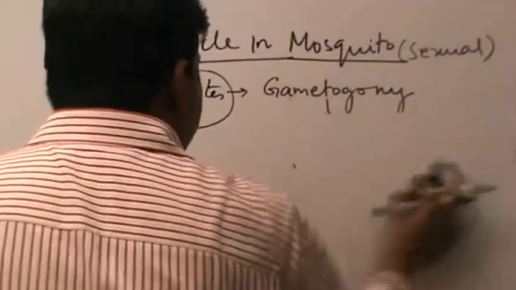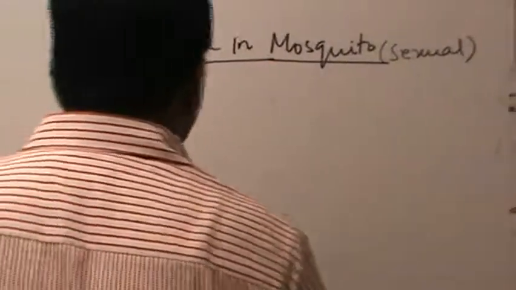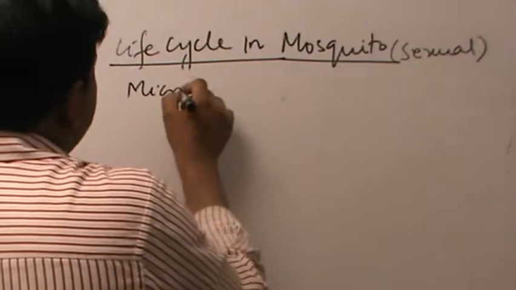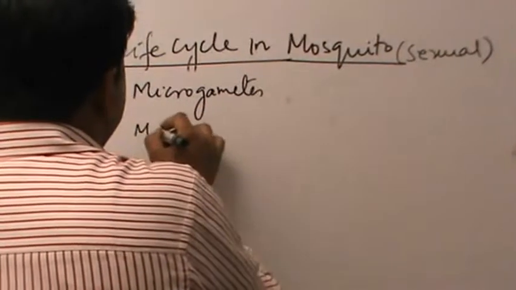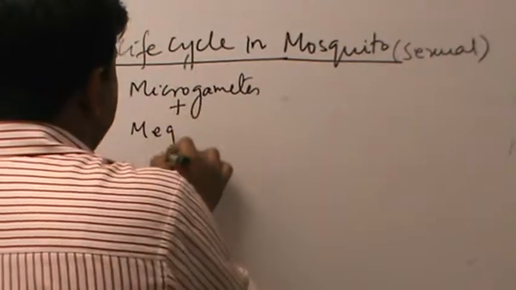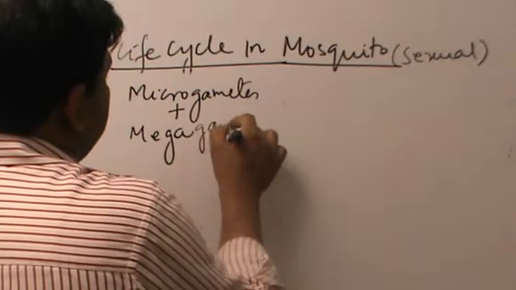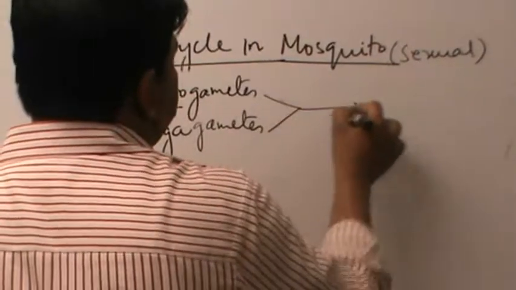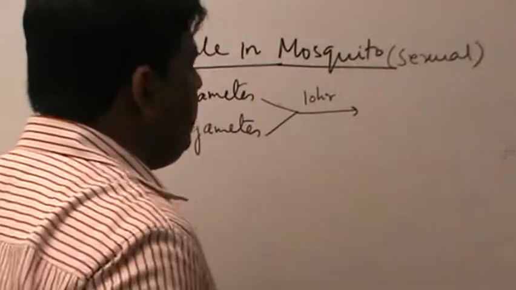Now these micro as well as macro or megagametes will fuse, and fertilization takes place after 10 hours of entrance.